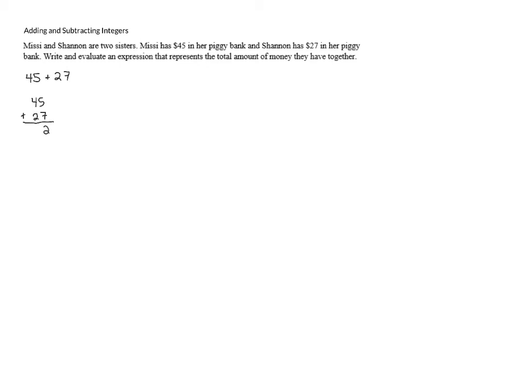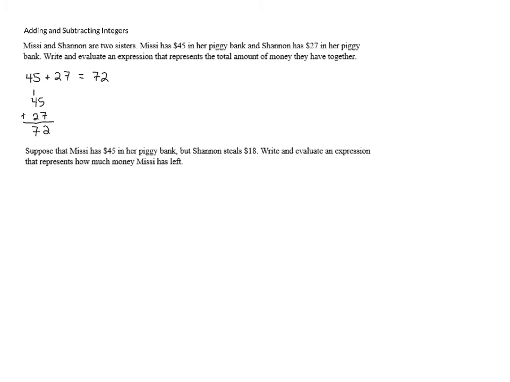We put the 2 down here, but we've got to carry the 1 to the next column, because this is the ones place and this is the tens place, and when we get 12 here, that 1 goes into the tens place. So we're going to carry that up here, and then we can do the next column. 1 plus 4 plus 2 gives us 7, so we end up with 72 as our answer. So 45 plus 27 equals 72. Not too difficult. Let's move on to another example.